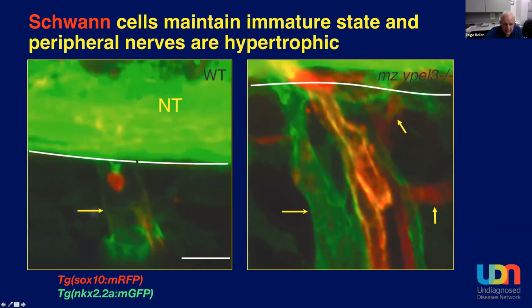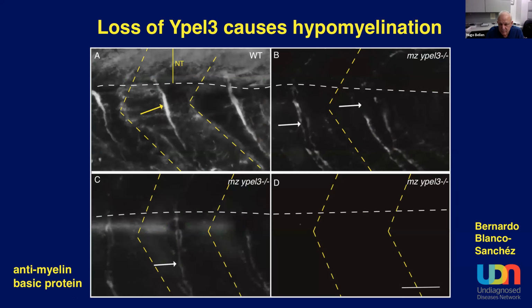And when they looked at the Schwann cells, they noticed again that they are hypertrophic, that clearly the neurons are defasciculated, and there is also a key problem associated with the maintenance of the Schwann cells. When they looked at myelin basic protein, even though there is a hypertrophic nervous system, there was almost a complete loss of myelin basic protein in these mutants.